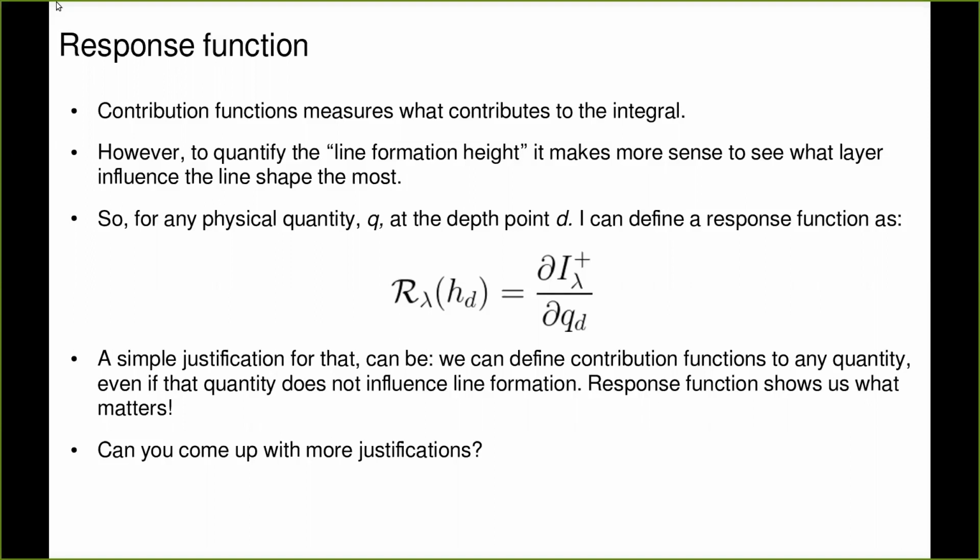And the way to formalize that is to calculate a partial derivative of the outgoing intensity with respect to various quantities at various depths, right? So for example, let's say that my quantity is temperature. My response function to temperature would be the partial derivative of the outgoing intensity with respect to temperature at a given depth. And the more important the depth is at the given wavelength, the higher this derivative is going to be and the larger my response function is going to be.